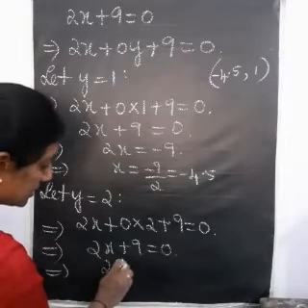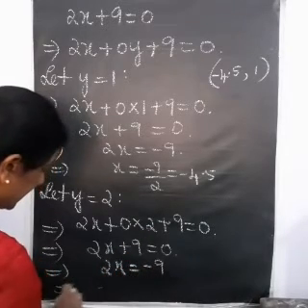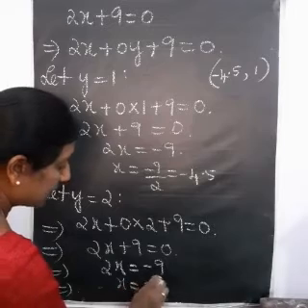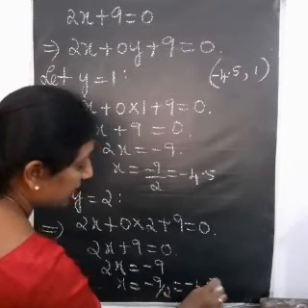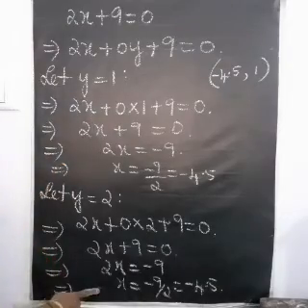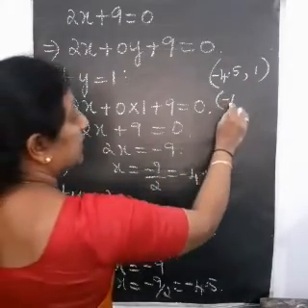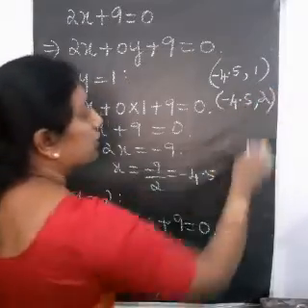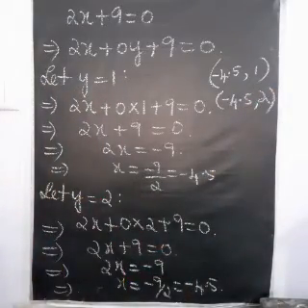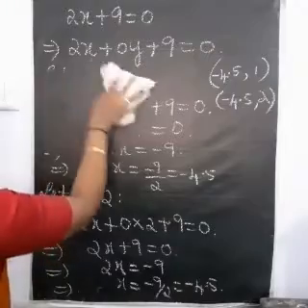Then you get 2x is equal to minus 9 and x is equal to minus 9 by 2, which is equal to minus 4.5. So this time I am getting minus 4.5 comma 2. Now I have got 2 points, so I can represent this equation graphically.